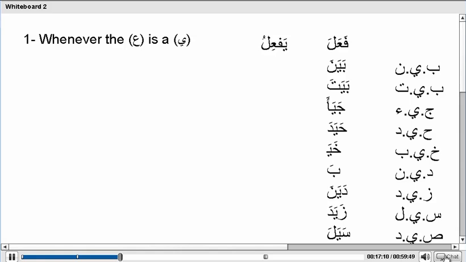How did we end up saying qala? Because qawala, the waw had a haraka, and the letter before had a fatha. So we ended up turning the waw into an alif, right? Correct?